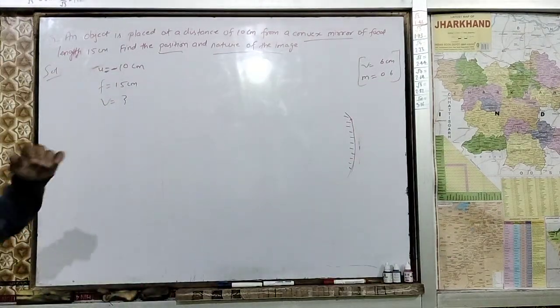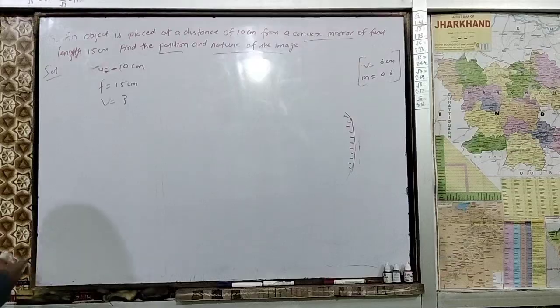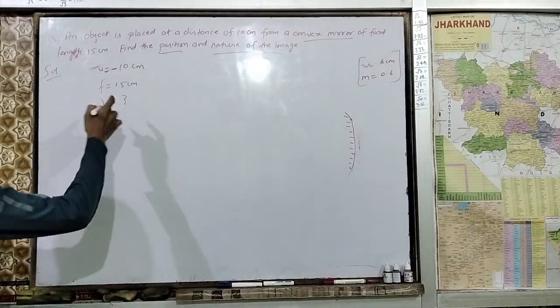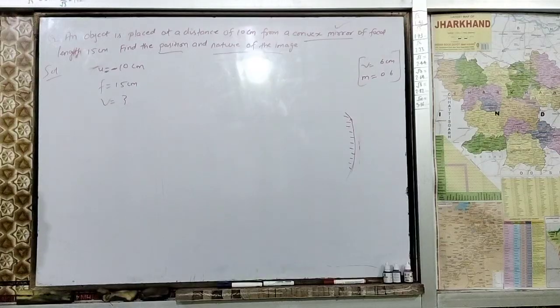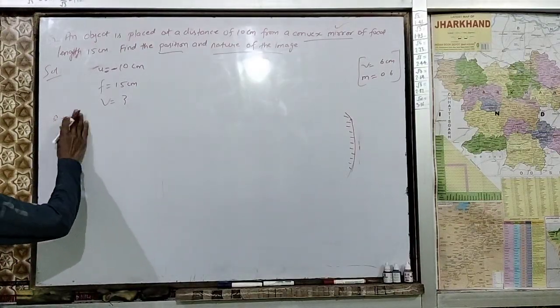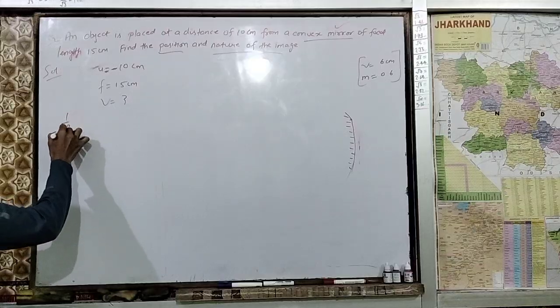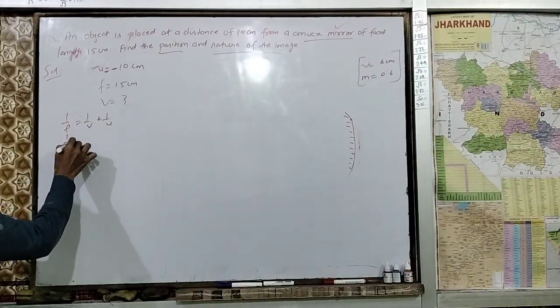We will be able to find the nature by the help of magnification. According to the mirror formula, 1/f = 1/v + 1/u.